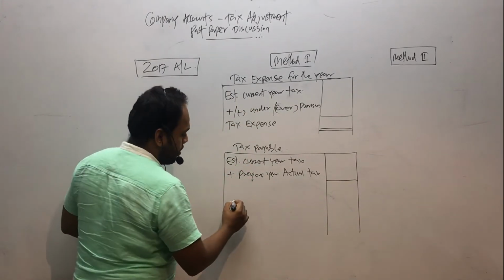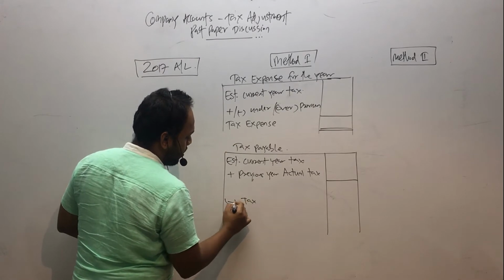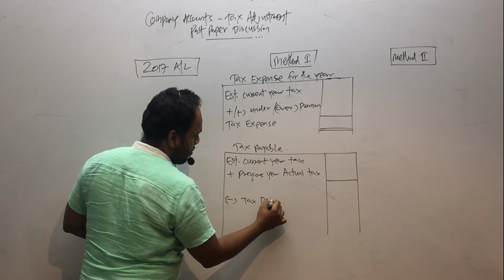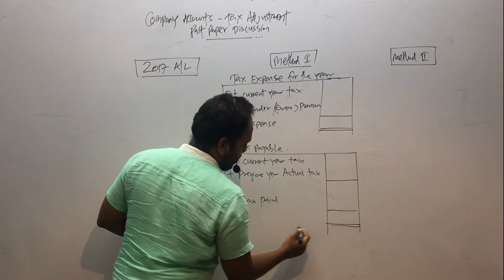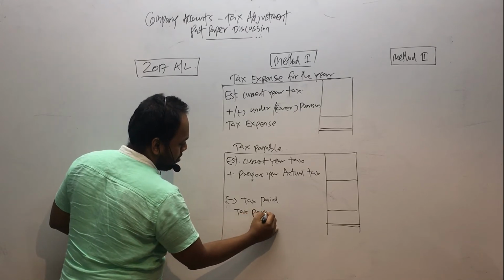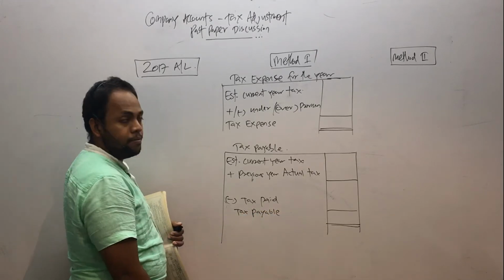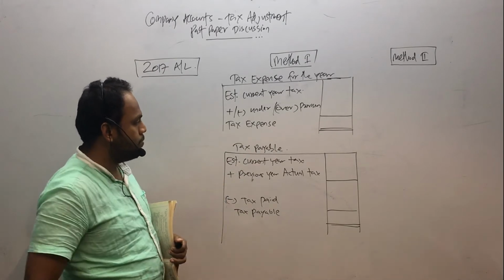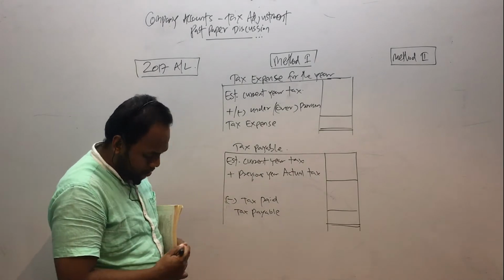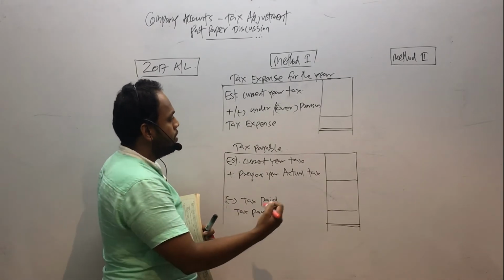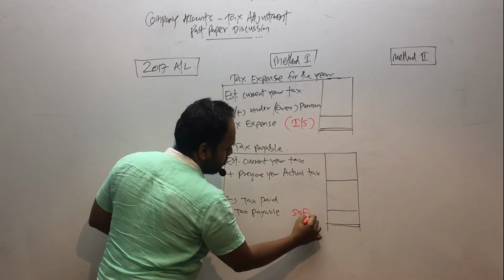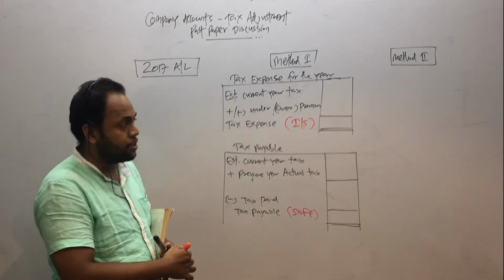From that, we have to deduct the tax paid. Then the final answer is tax payable. So this is how we do the method 1 calculation. One amount goes to the income statement and the other amount goes to the statement of financial position.